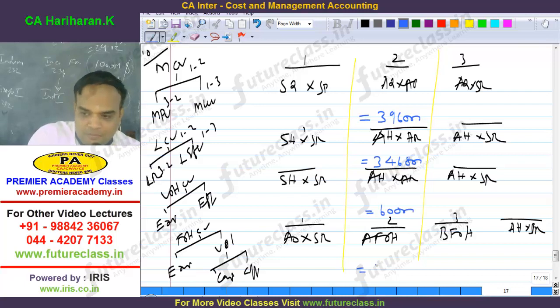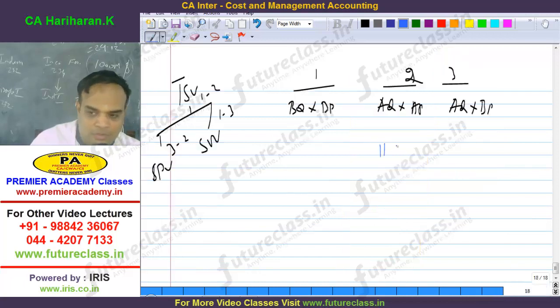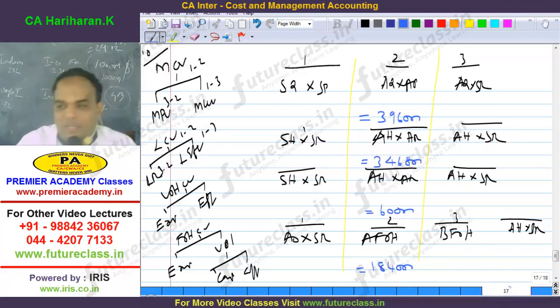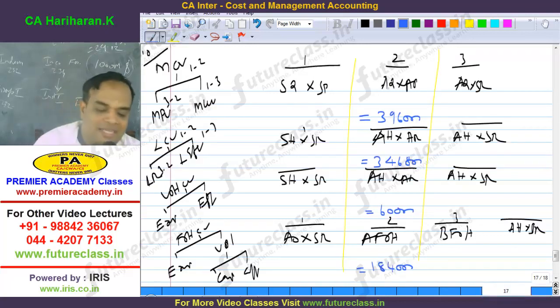Actual fixed cost, 1,84,000. Actual sales comes to 11,20,000. Up to this stage, whatever actual data is available, we filled. Am I right? Within brackets itself, quantitative info is also available. Actual raw material consumption, how much? 16,500.